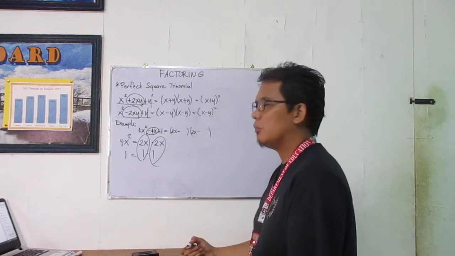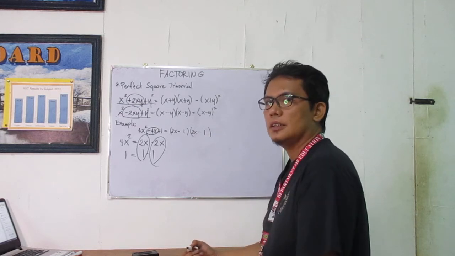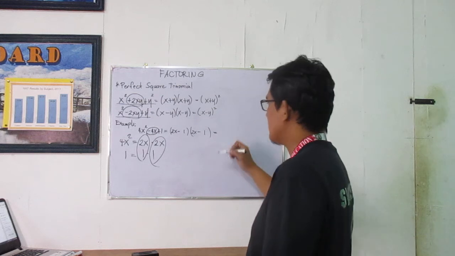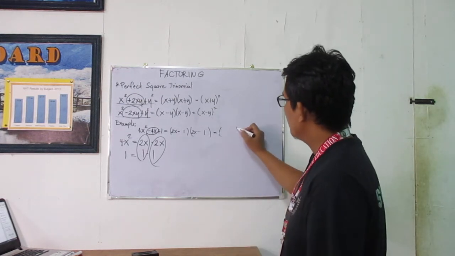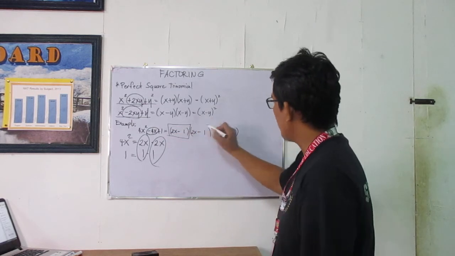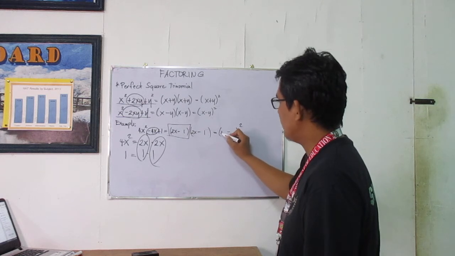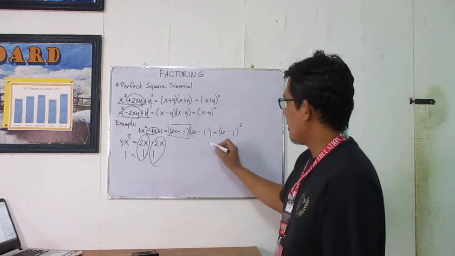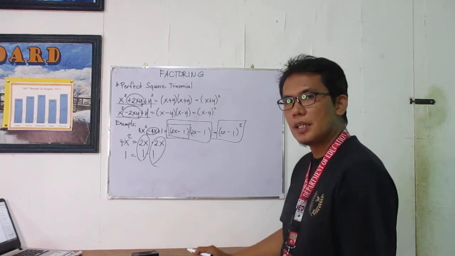And the factor of 1 is 1. Therefore, our factor is 2x minus 1 times 2x minus 1. Or you may express this as a square of the difference of two terms, or square of a binomial, in which we're going to copy only one factor but express it in a square. So the square of the difference of 2x and 1. You may have this as an answer or this as an answer, doesn't matter, they're just the same.